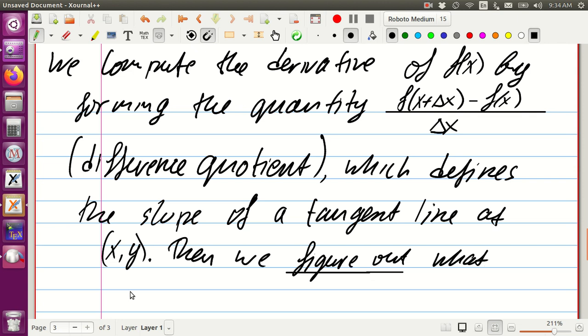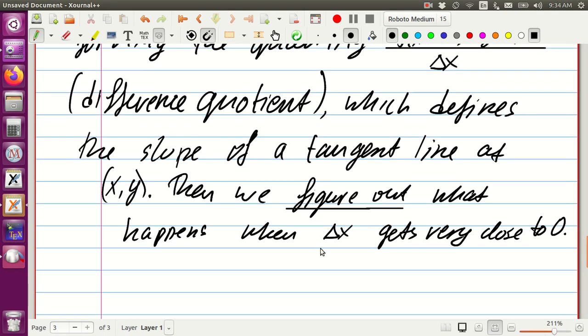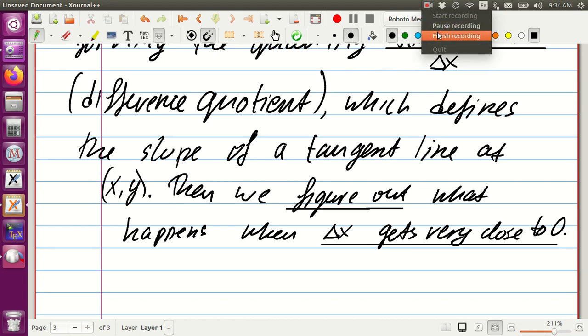So we figure out what happens when delta x gets very close to 0. That's our procedure. Again, we need to define this a little bit more precisely, but that's probably a good place to stop, and in the next lecture we'll do an example from physics. See you next time.